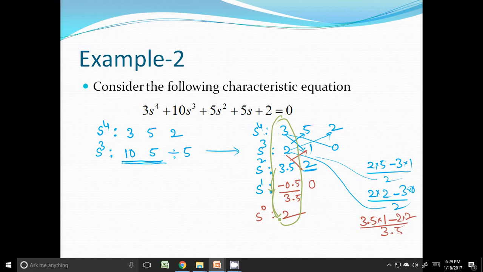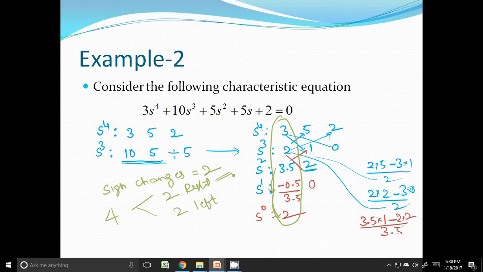The number of sign changes equals 2. That means out of 4 roots, 2 roots lie in the right half of the S plane and 2 in the left half. Since 2 roots are present in the right half of the S plane, the system is unstable.